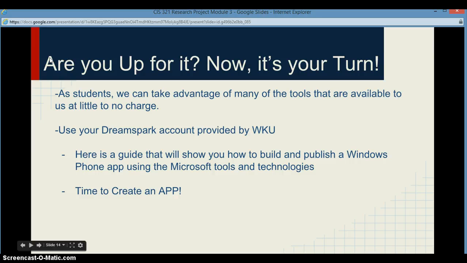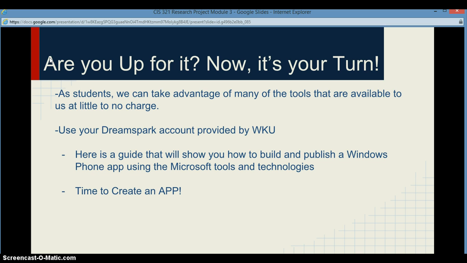What I thought was great is that we as students are able to do all this at no charge. We have the DreamSpark account provided to us by WKU. It has a lot of the technologies that we need to not really do an iPhone app or the Android app, but we could do a Windows phone app, and that would definitely give us some experience doing that.